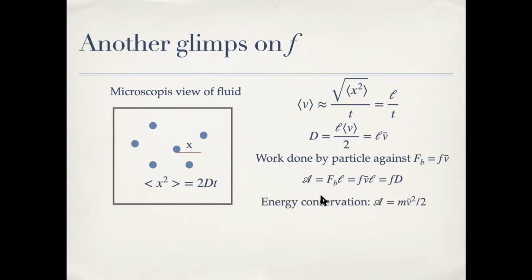But if I spend some work, then of course I have to lose some energy. And this work done by the particle is done at the expense of the energy, which in this case is just the kinetic energy. And the kinetic energy is the mass of the particle times the mean velocity squared divided by 2.